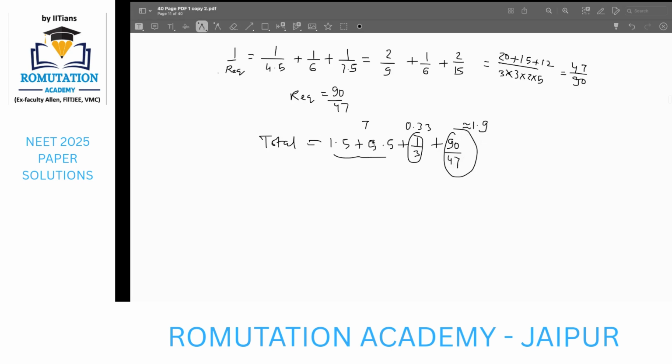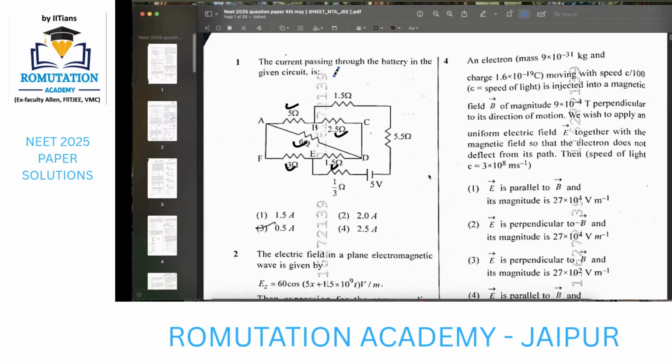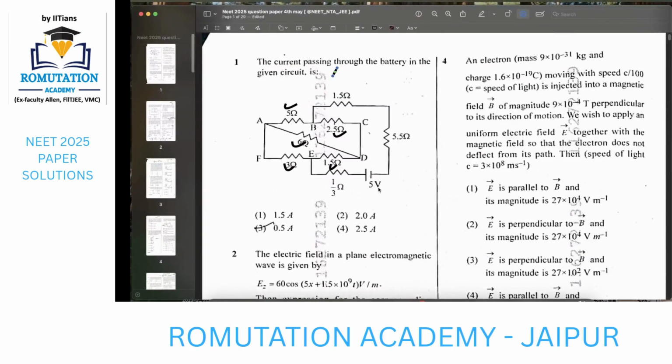That is a very grave approximation, but let's take it as such. So 7.33 plus 1.9 gives me roughly 9.23, right? And the battery was for how many volts? So the battery was for 5 volts.